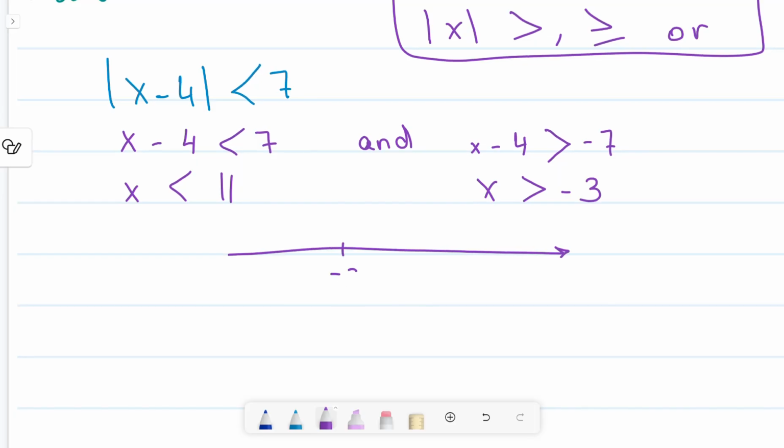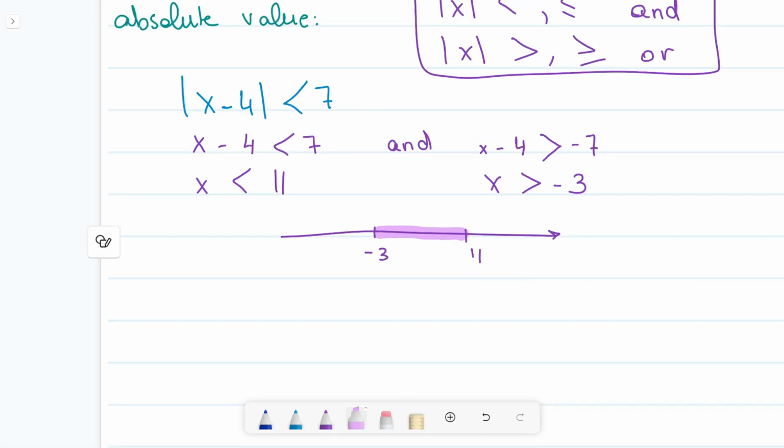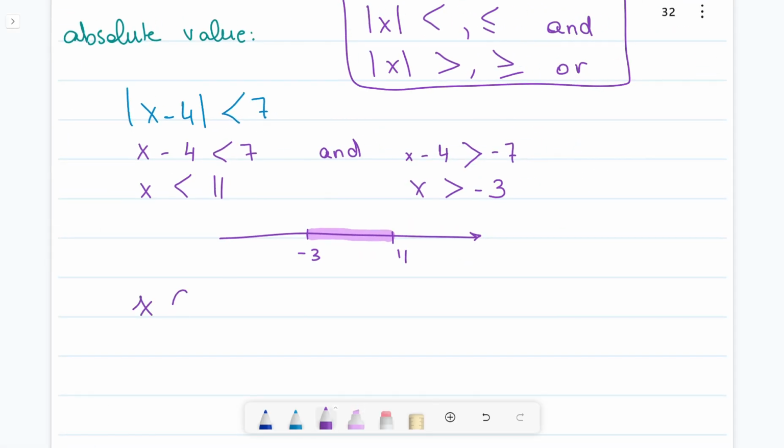If we were to draw a number line, x is greater than -3 is in here, and x is less than 11 is also shaded. So our answer is x belongs to (-3, 11), open brackets, because our inequality involved less than. If our inequality was less than or equal to, we would have put closed brackets.